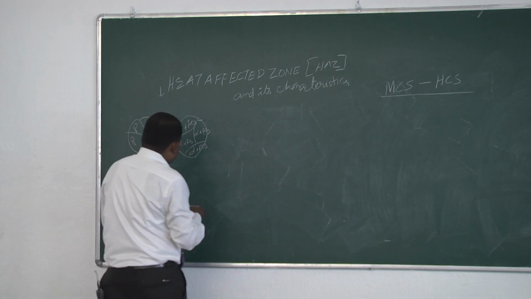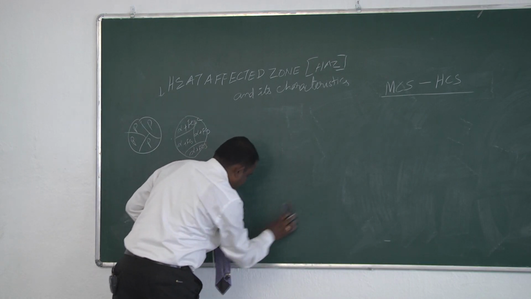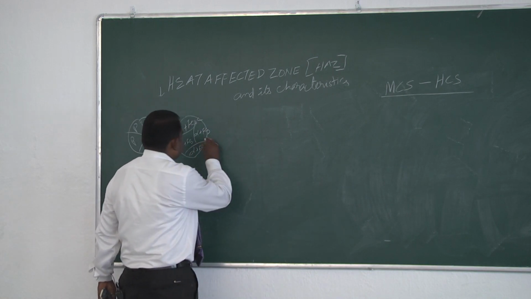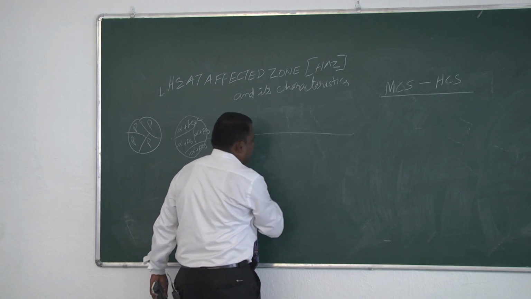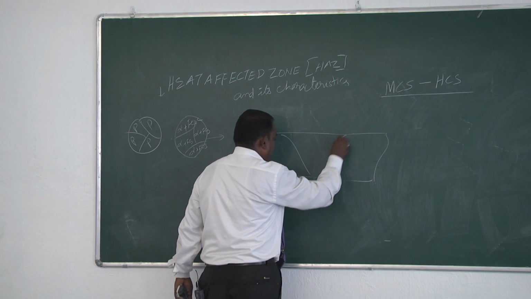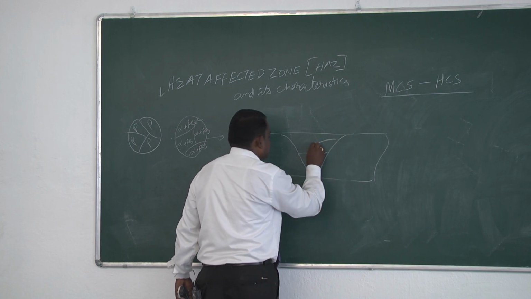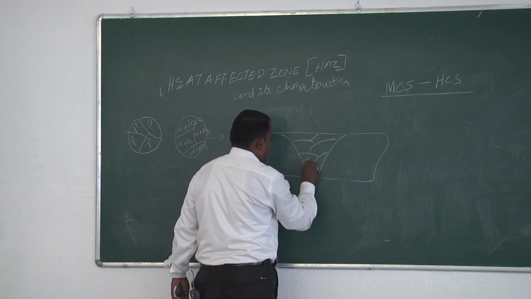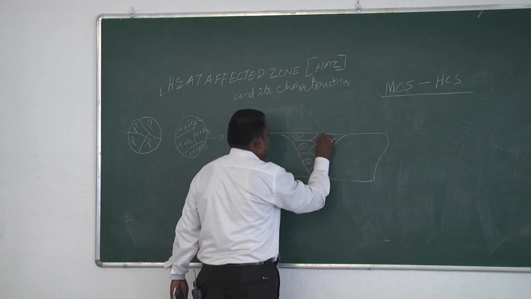And coming to the weld metal, it has different layers. The weld is deposited in different layers to fill: layer 1, layer 2, layer 3, layer 4, layer 5, layer 6, layer 7.